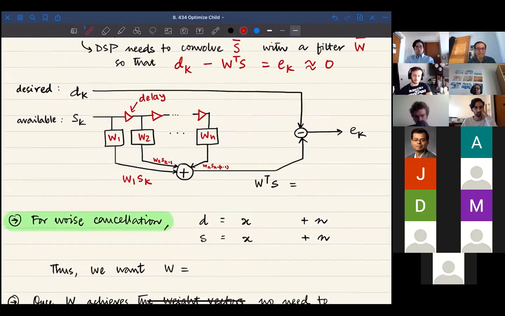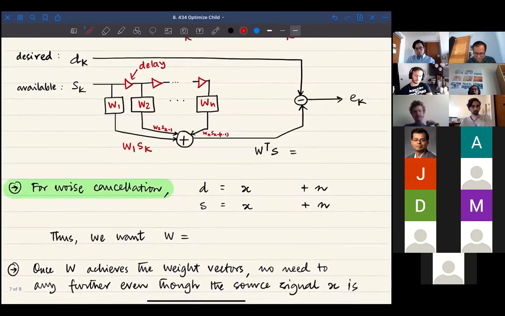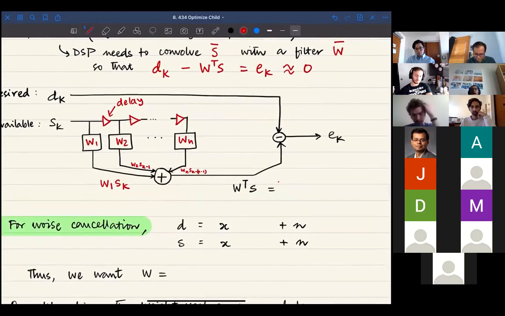So then the output of this addition is nothing but W1, W2, and so on, Wn times, tell me, what is this vector?